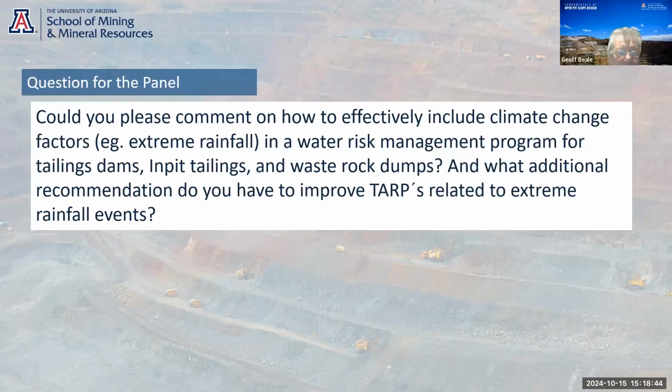Well, as for the previous question on code disposal, there's two parts to it. There's the stability aspects, whether the change in water pressure is going to affect the stability.